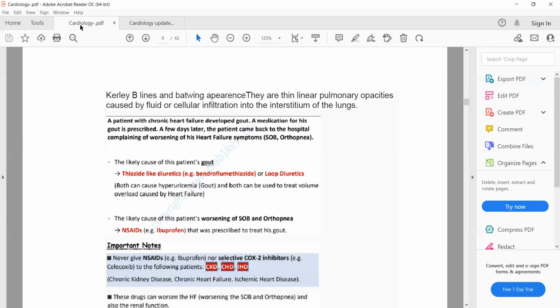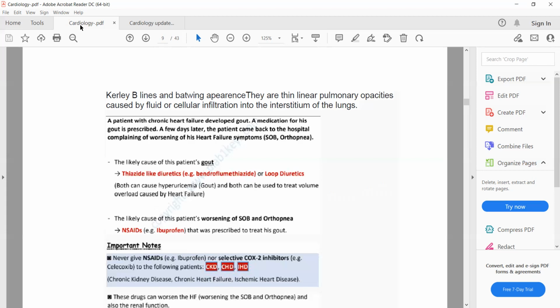So if you prescribe NSAIDs to a patient with heart failure, it can lead to worsening of his heart failure symptoms, which are shortness of breath and orthopnea.